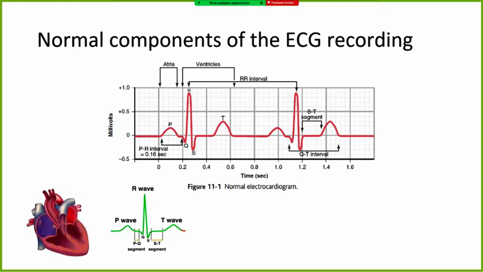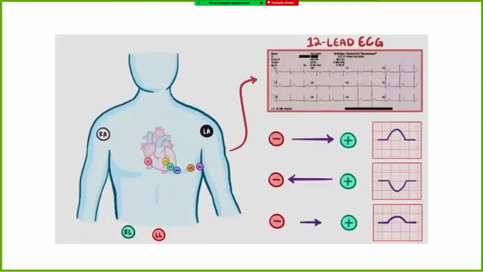The QRS complex is the ventricular depolarization wave, and the T wave is the ventricular repolarization wave. And there are 12 leads or 12 derivations in the ECG that we see when we get an ECG recording. And these are due to the placement of the unipolar and bipolar derivations.